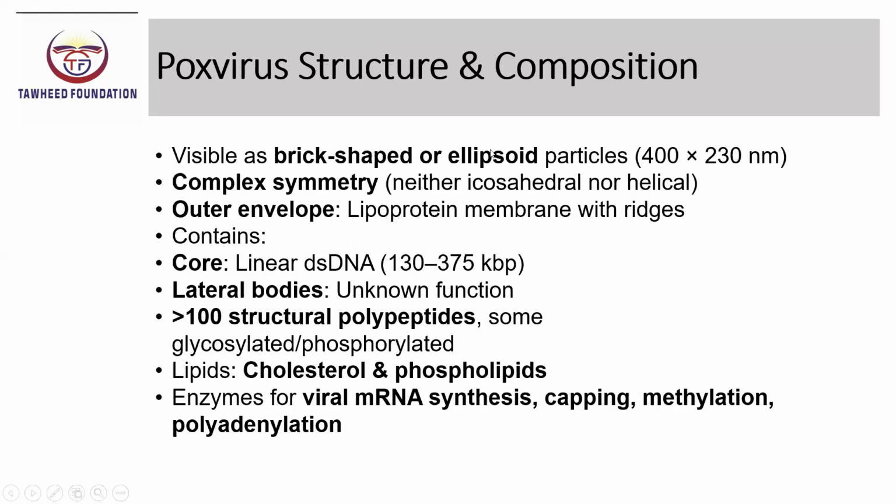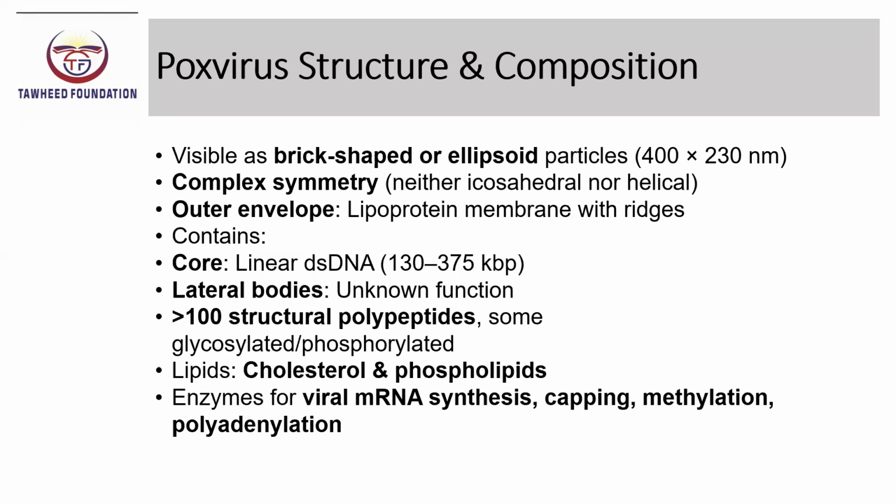Pox virus structure and composition. They are visible as brick-shaped or ellipsoid particles, 400 by 230 nanometers. Pox viruses are large, and their genome is double-stranded linear DNA ranging from 130 to 375 kilobase pairs.